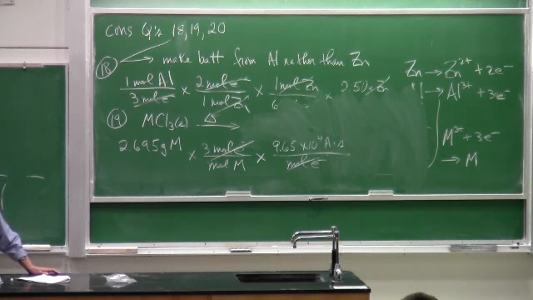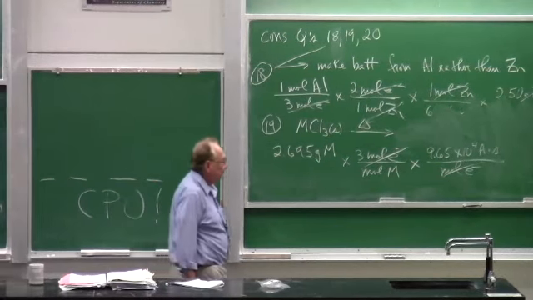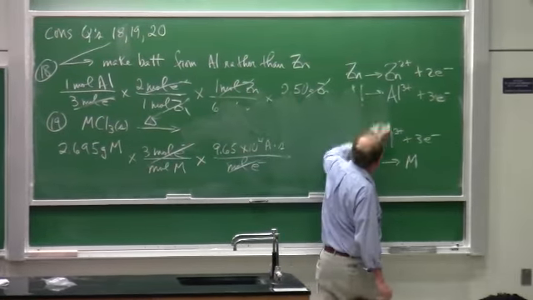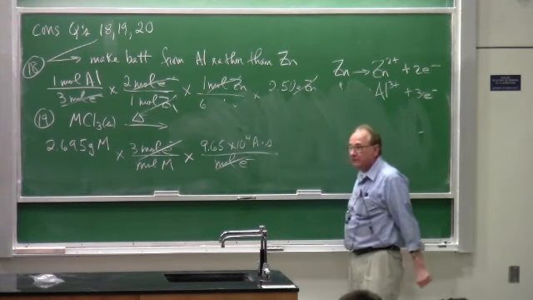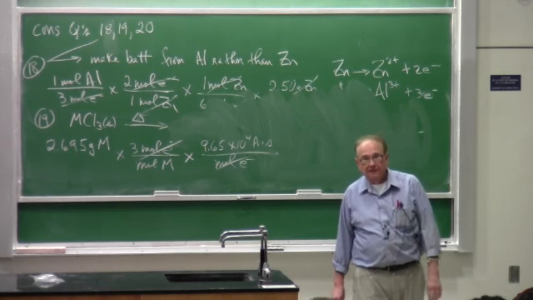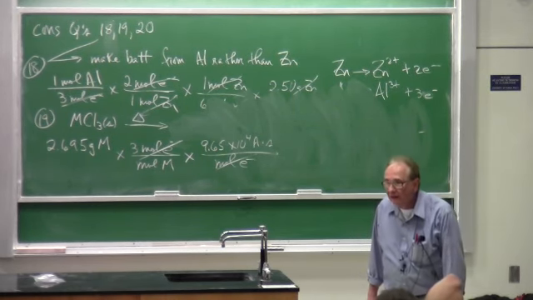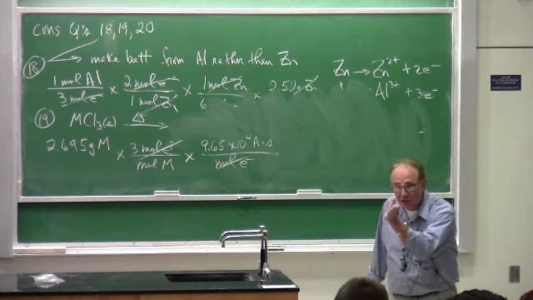Now then, the question also says that I electrolyzed this with a 10 amp current and I ran this current for 25 minutes. What am I going to do with this current information and time of electrolysis information? Well, never mind the unit conversion.